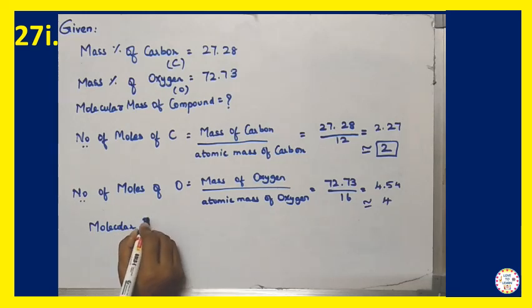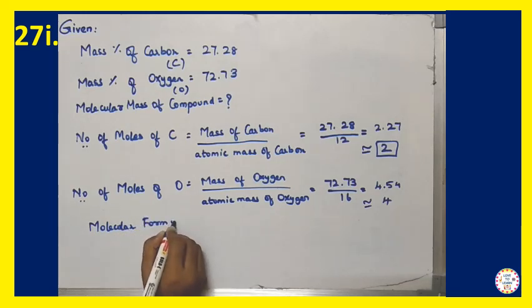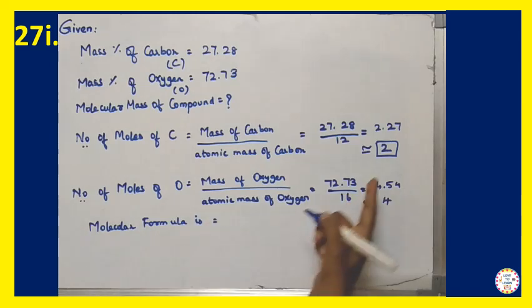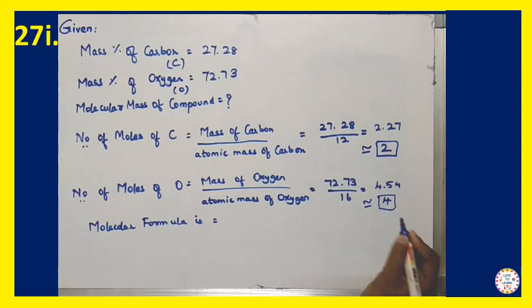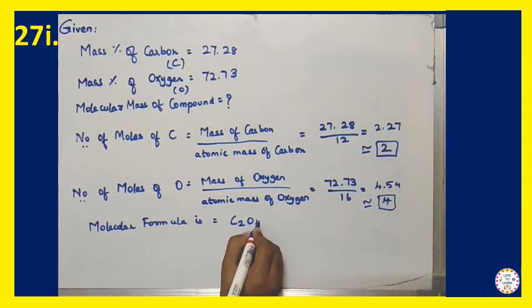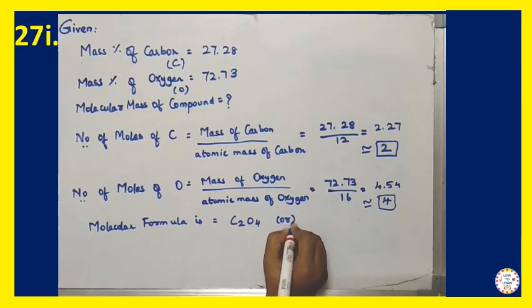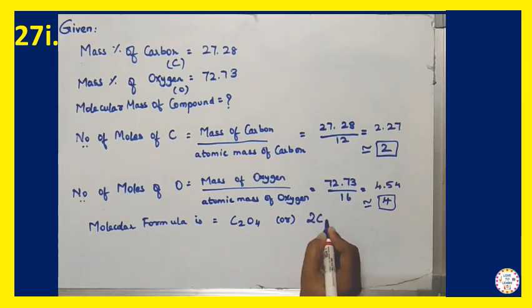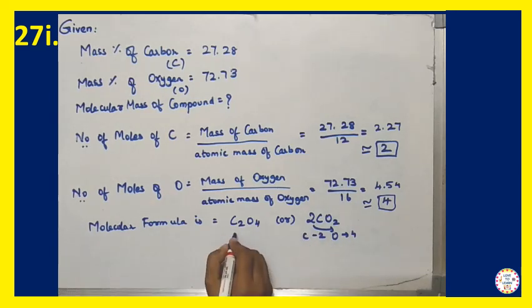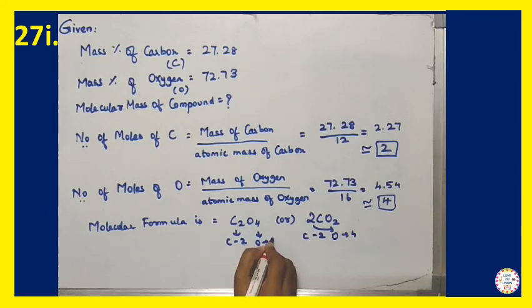Now let us write the molecular formula of the compound. So it is C2O4 or 2CO2. So when we calculate, here we have 2 carbon and 4 oxygen. Here also 2 carbon and 4 oxygen.